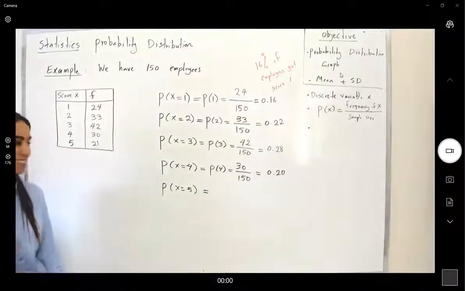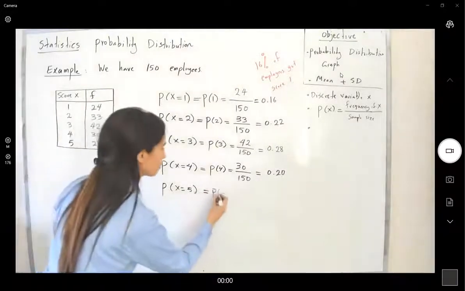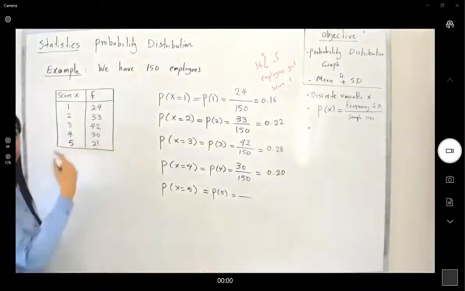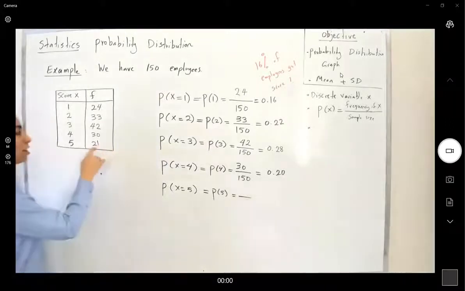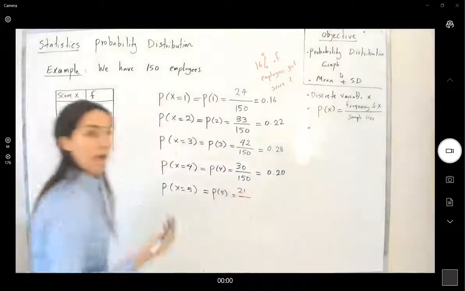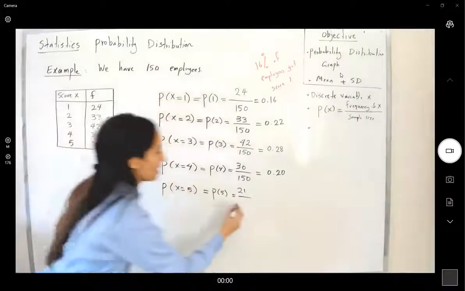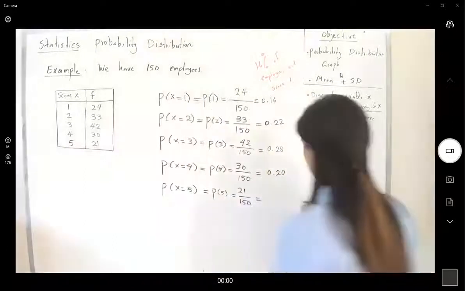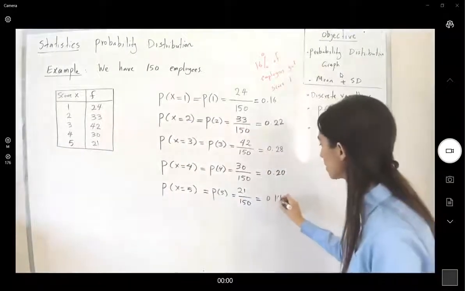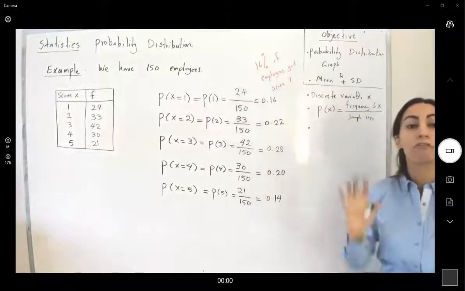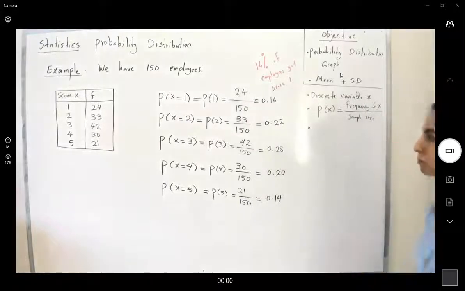P of 5 is equal to the number of employees who belong to the fifth category, 21 of them, out of the total, which is 150. This gives us 14%. 14% of all of those employees belong to the fifth category.